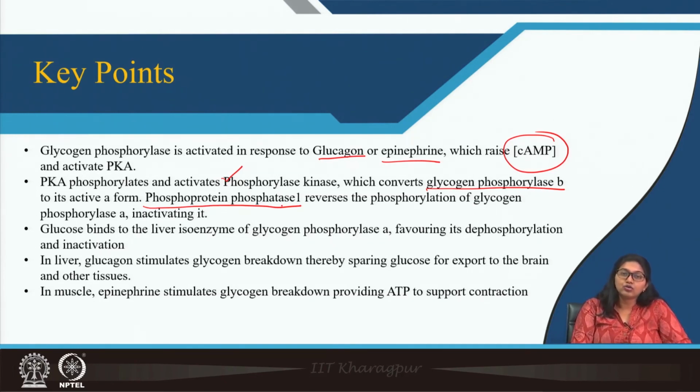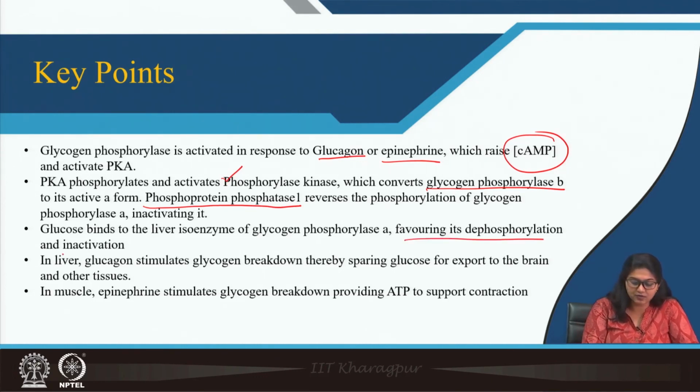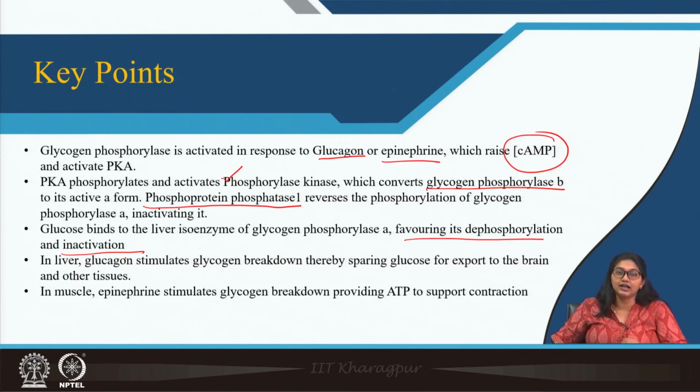Now, glucose binds to the liver isoenzyme, favoring its dephosphorylation and inactivation. By this, glucose can act as an allosteric inactivator or inhibitor in liver. In liver, glucagon stimulates glycogen breakdown, and this breakdown provides glucose for export to other tissues such as the brain, which are dependent on glucose for the provision of energy.